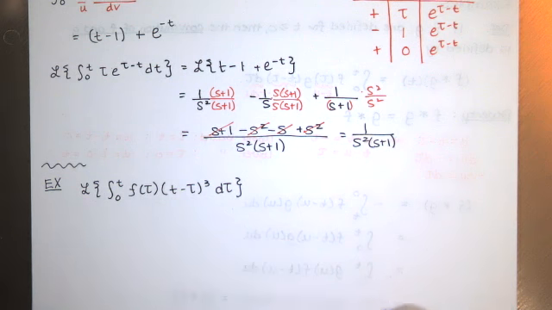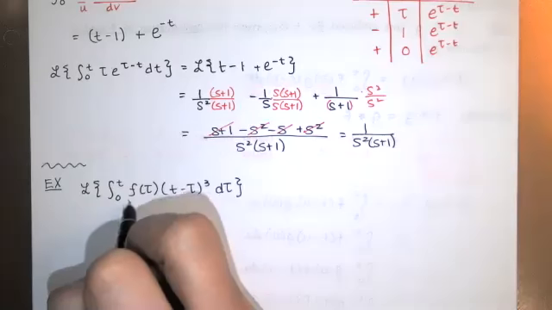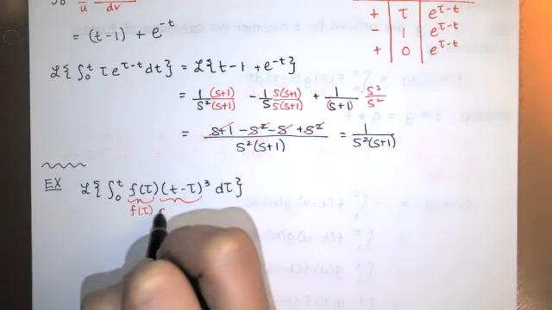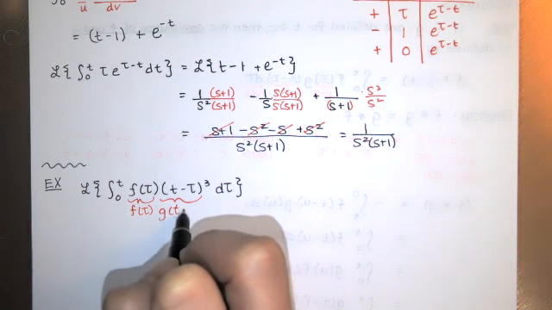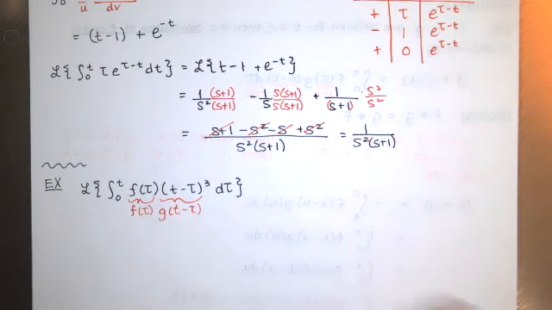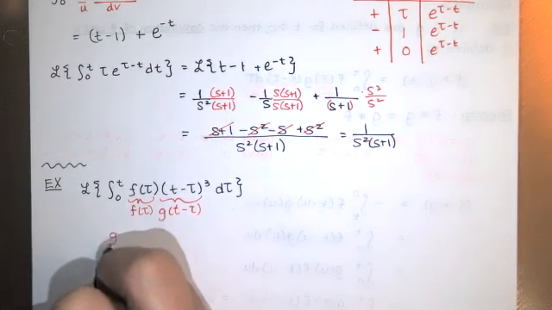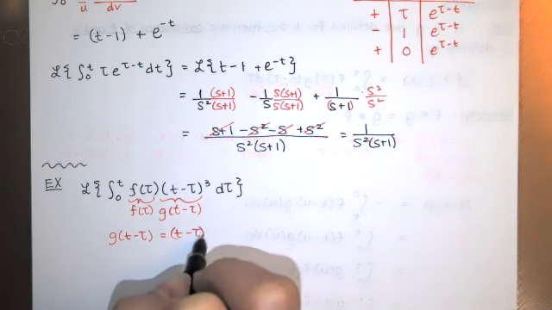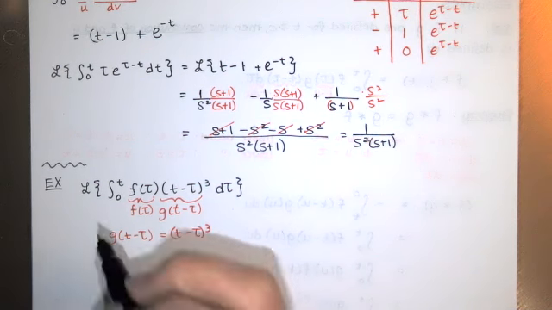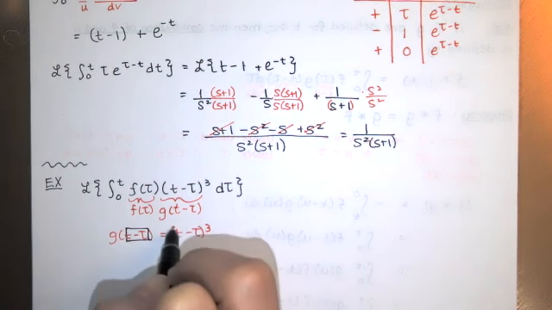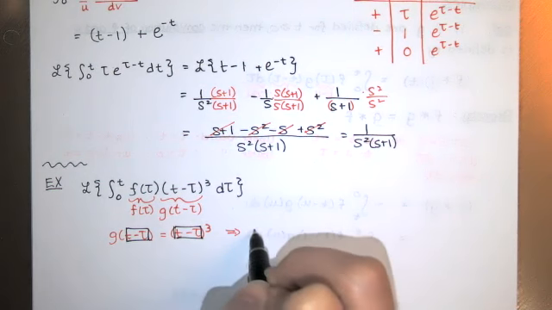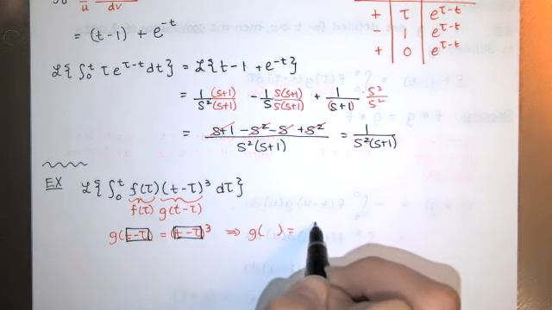Well, I would recognize this is the convolution of f of t and g of t, where f of tau is just equal to f of tau, of course, and g of t minus tau is t minus tau cubed. Well, this is taking the input and it's cubing it. So g of t will be t cubed.